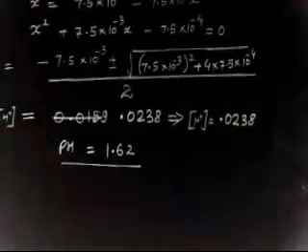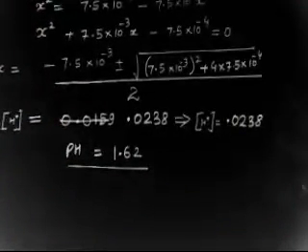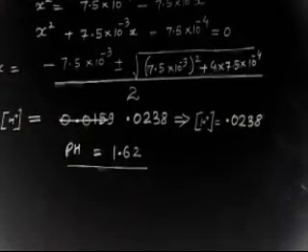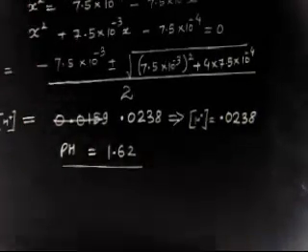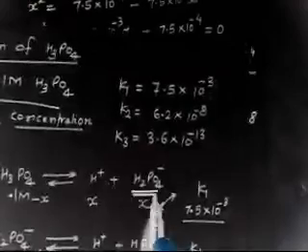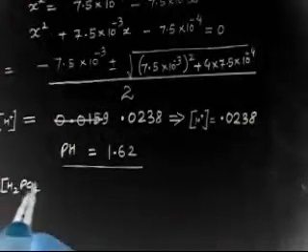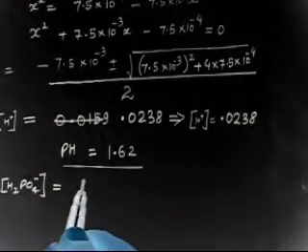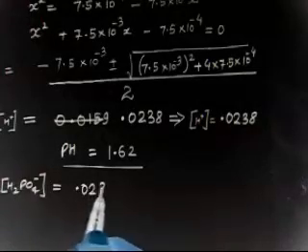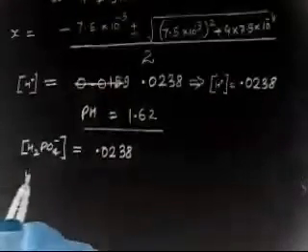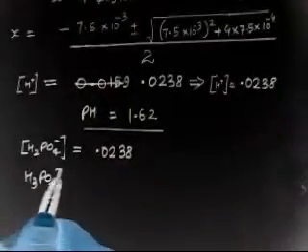Are you getting? So we have calculated the concentration of H plus, and we have also calculated the concentration of H2PO4 minus. So what will be the concentration of H2PO4 minus? That is the same as x. So the concentration of H2PO4 minus is also equal to 0.0238. And what will be the concentration of H3PO4?